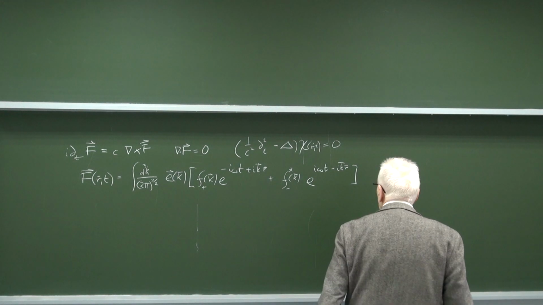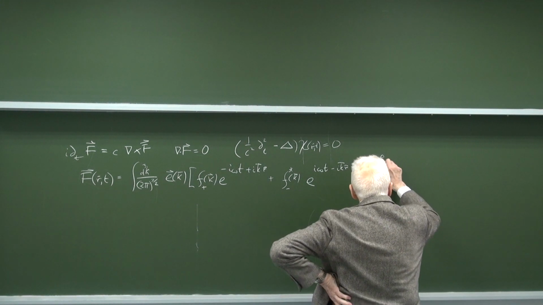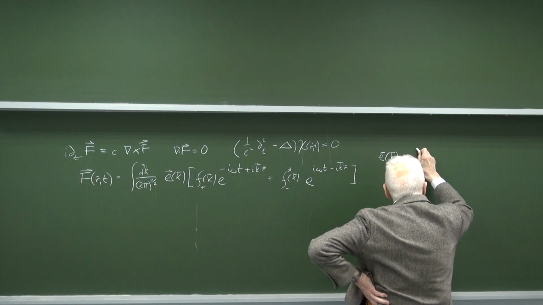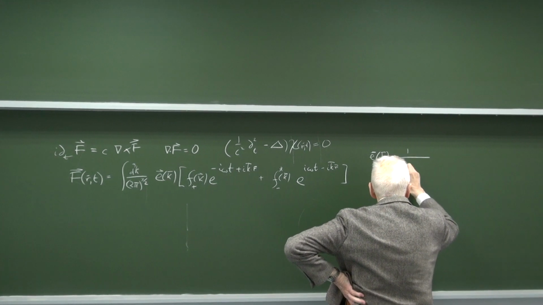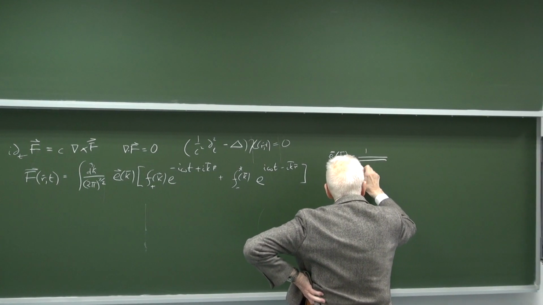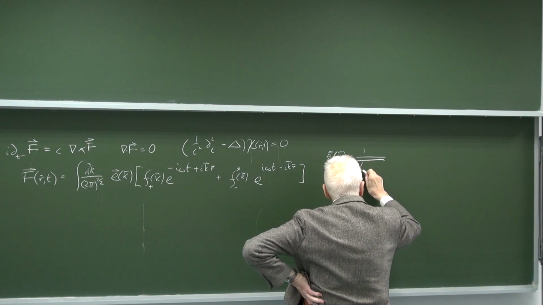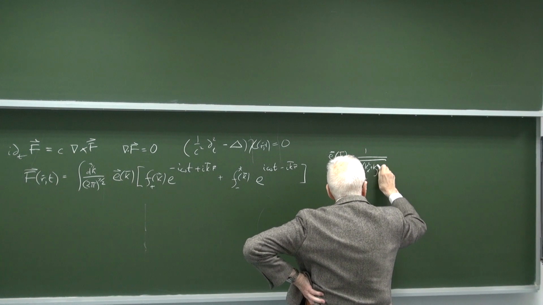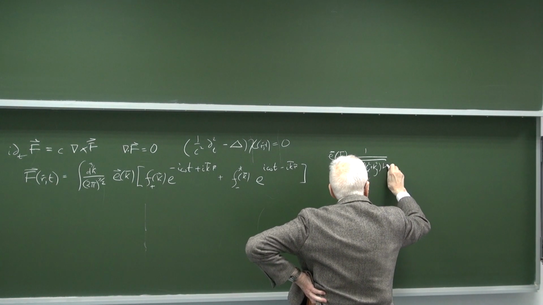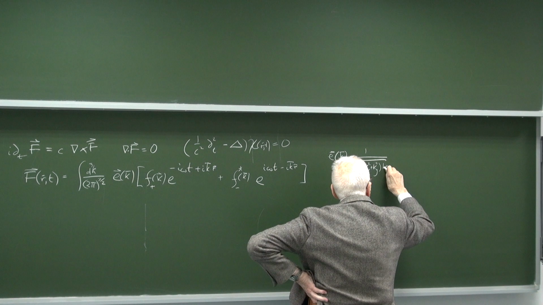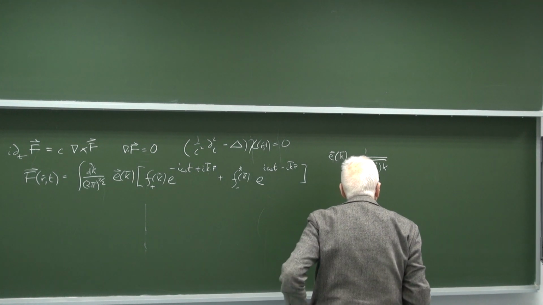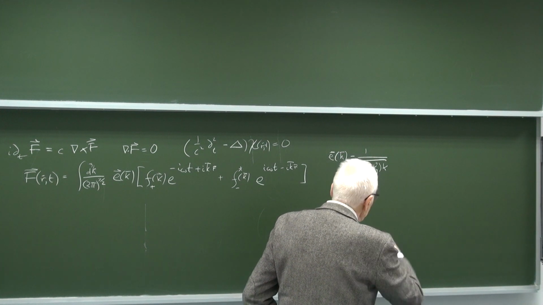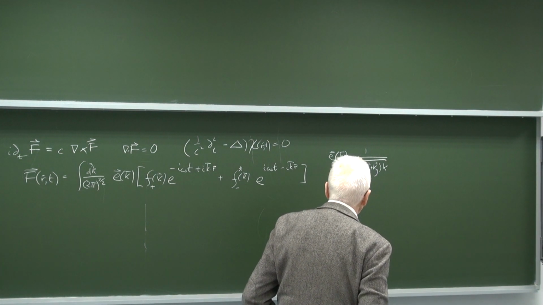As I said last time, it is convenient to choose this polarization vector in the form 1 over the normalization factor, which happens to be the square root of 2 times kx squared plus ky squared, times k, which is the length of the vector k.